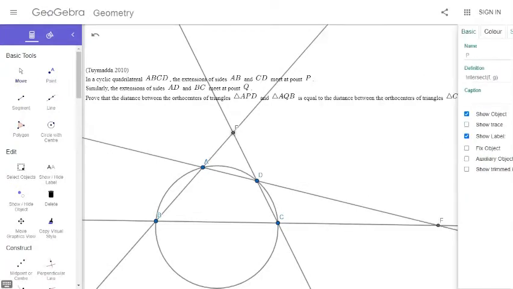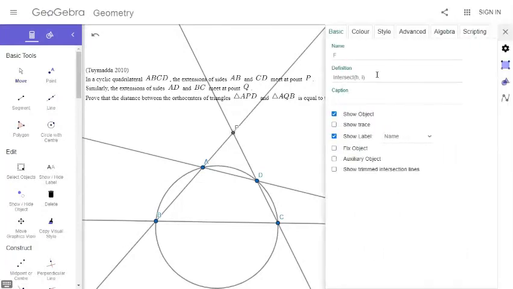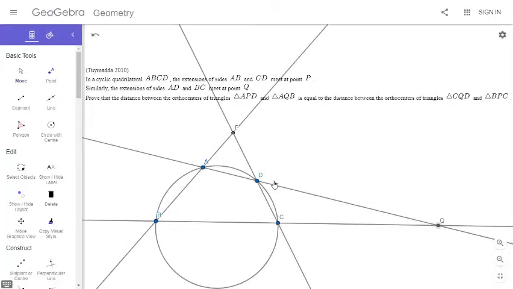That's P. That's Q. We want to show the orthocenters of APD and AQB, the distance between these orthocenters.